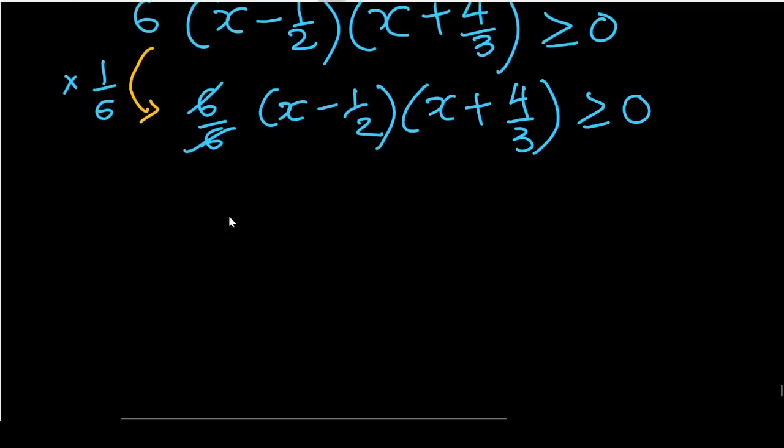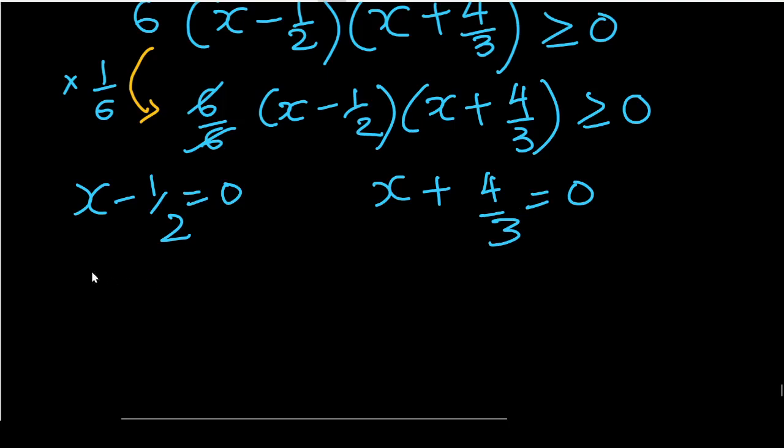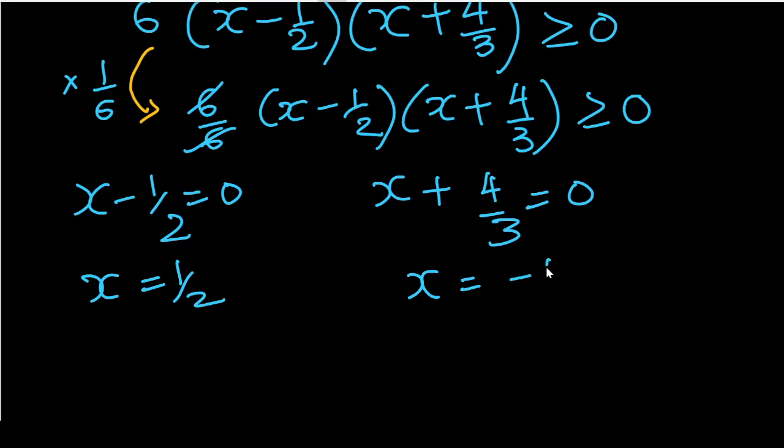In a similar way, we can find the points at which each of the linear factors vanishes. So x equals half and x equals minus 4 by 3 are the points at which it vanishes.